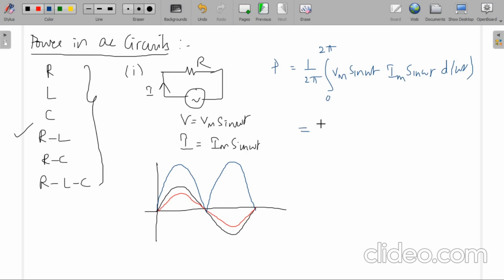Then you are going to get P average equal to Vm Im by 2. This is the average power.